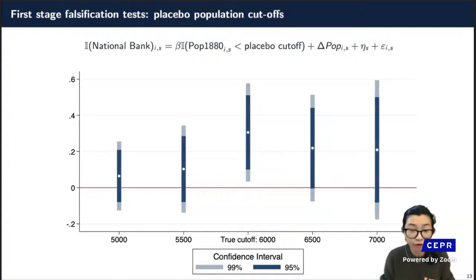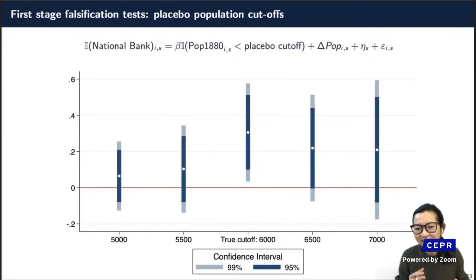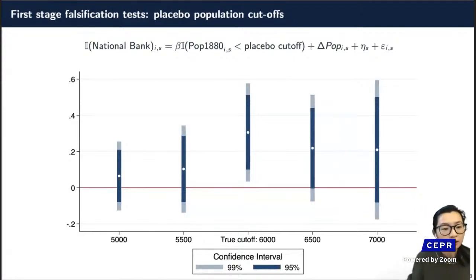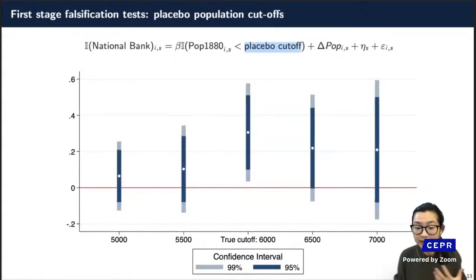We do a first stage falsification test where we're basically just trying to ask, maybe it's something about being very small or something about being in that general vicinity of 6,000, but not really the cutoff itself that matters. So we create a lot of different placebo cutoffs, and we say, let's pretend that the actual cutoff was at 5,000 people or 5,500 people or 7,000 people, and let's estimate the first stage that way.